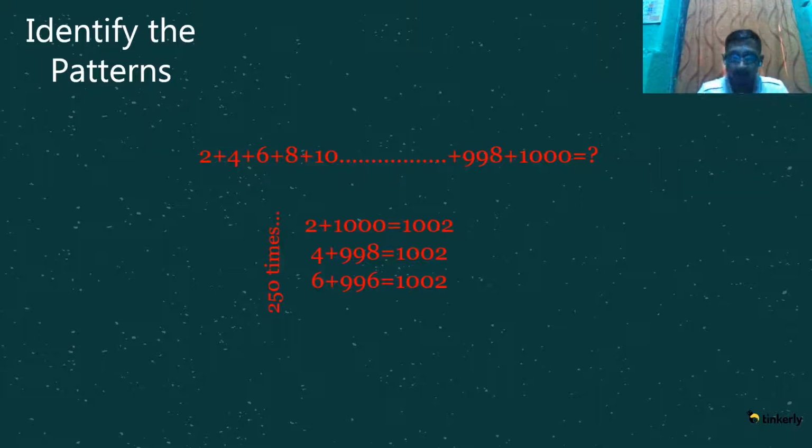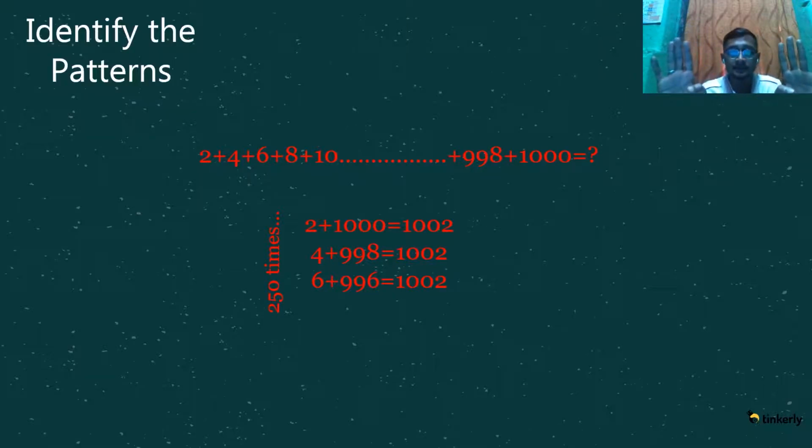So see, the first number of the series is 2 and the last number of the series is 1000. So just add the first and the last number. The first number is 2 and the last number is 1000. So how much is it? 2 plus 1000, 1002. Then comes the second one. What is the second number? 4.